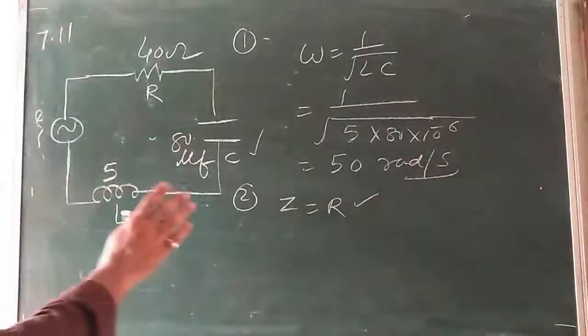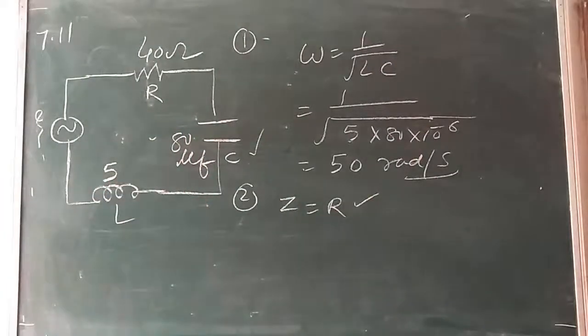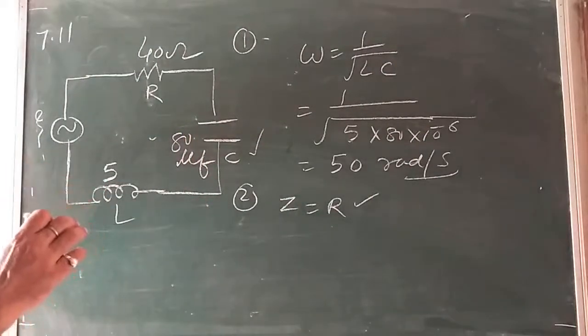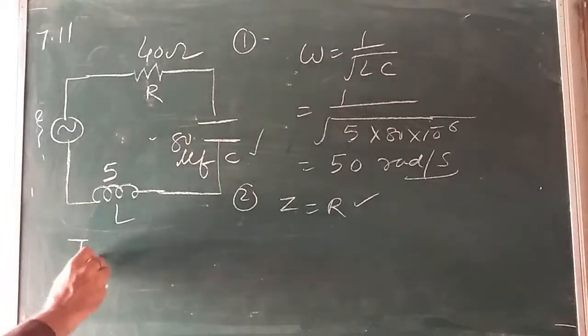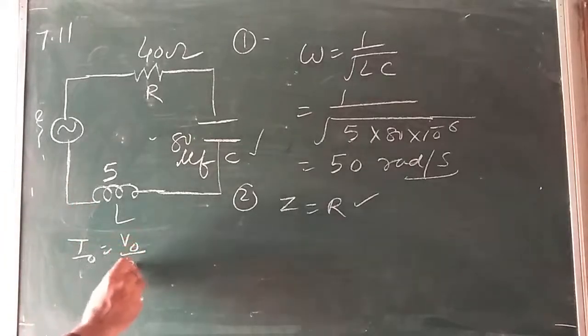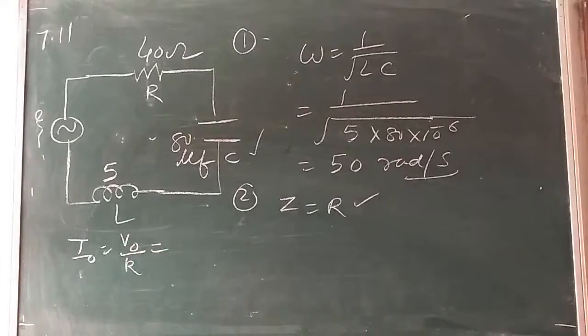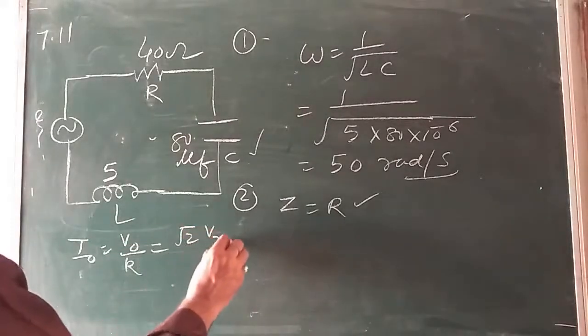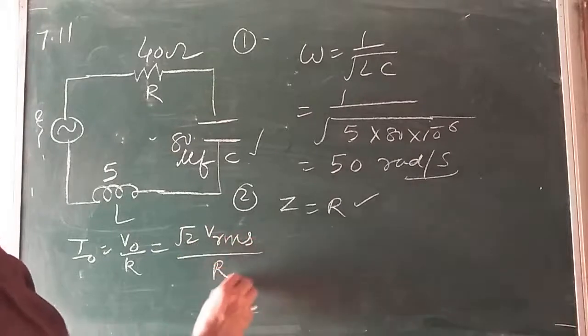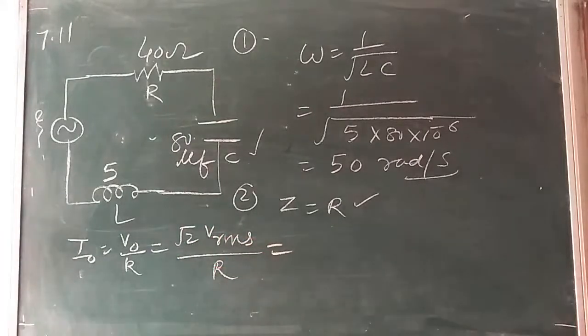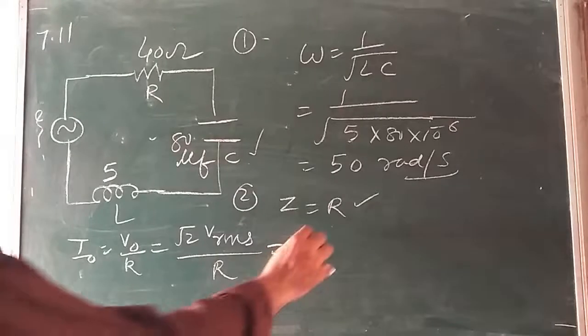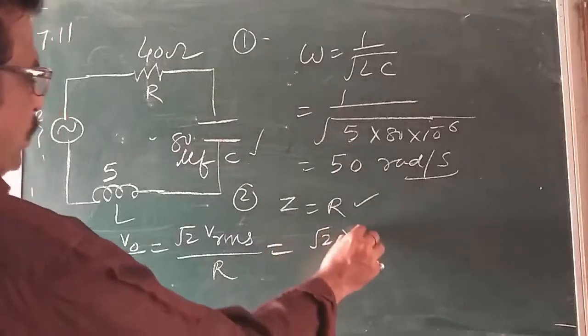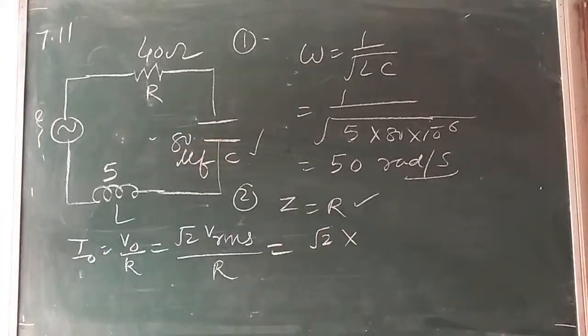So Z is equal to R at impedance, and I want to find out the amplitude of current, that is I naught equal to V naught by R. V naught I can write root 2 into VRMS divided by R. So root 2 into VRMS.